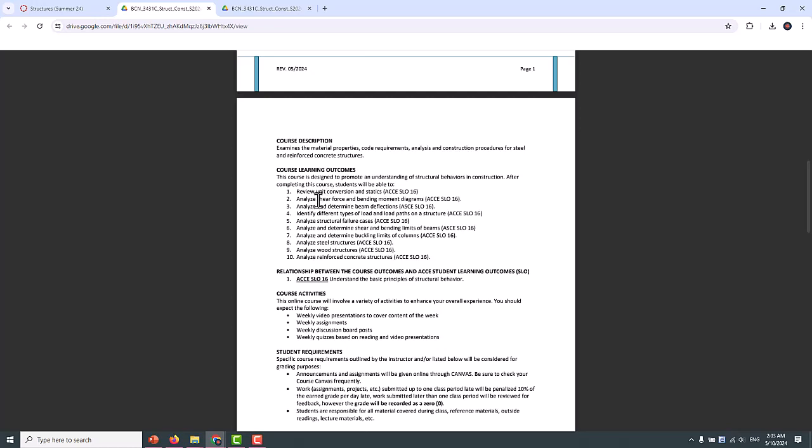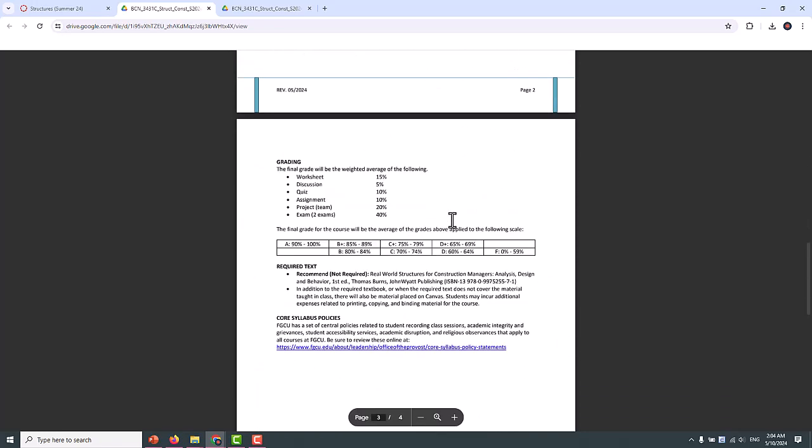We will learn about the deflection, the load and load path in the structure. And then we will discuss some structural failure cases such as the FIU pedestrian bridge collapse, the Southside building collapse in Miami. And then we will also do some applications to check some of the structure of the building, like checking for the beam and the column as well.